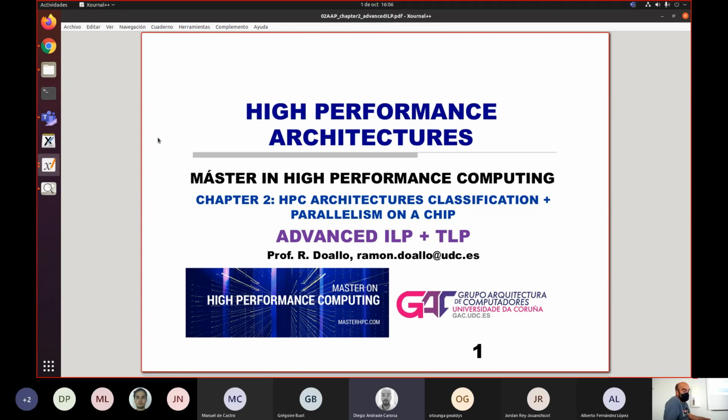And then in chapter 3, that is about cache coherence, you are going to have another teacher from Coruña, whose name is Juan Torino.